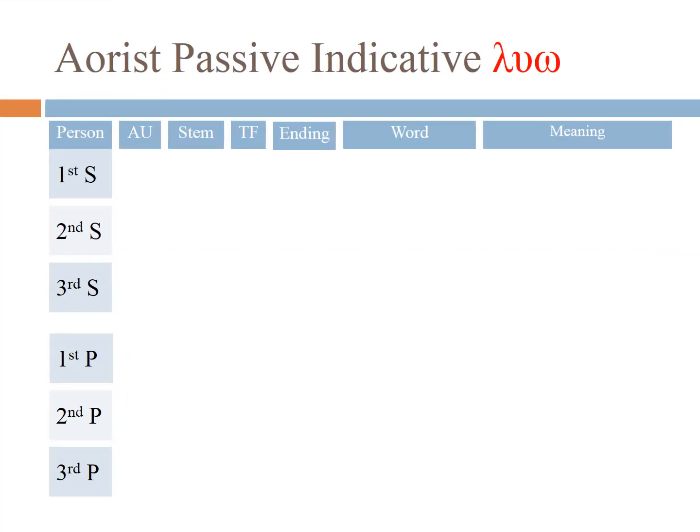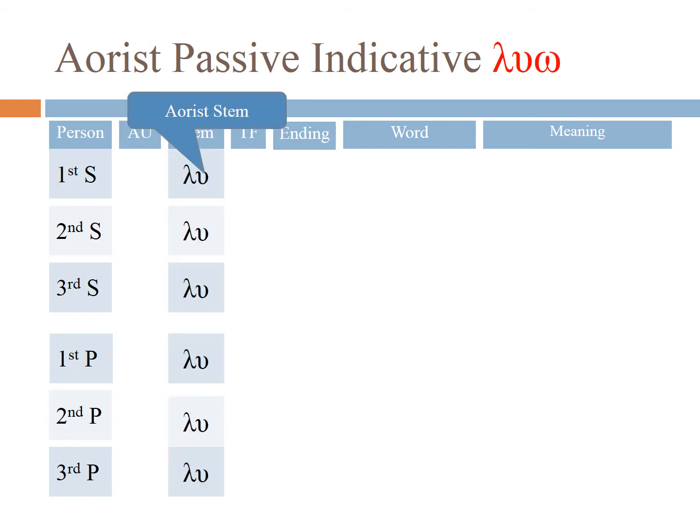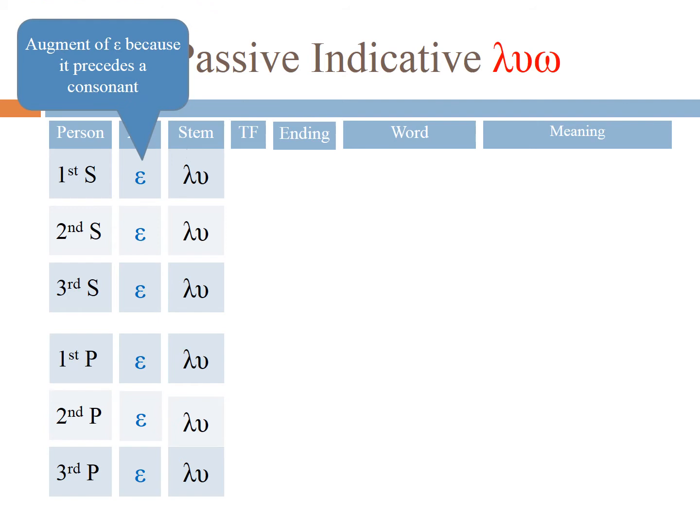So let's look at the formation of the aorist passive indicative for luo. Remember, we're going to begin with an aorist stem all the way down. Since that aorist stem begins with a consonant, lambda, it is preceded by an epsilon for the augment.